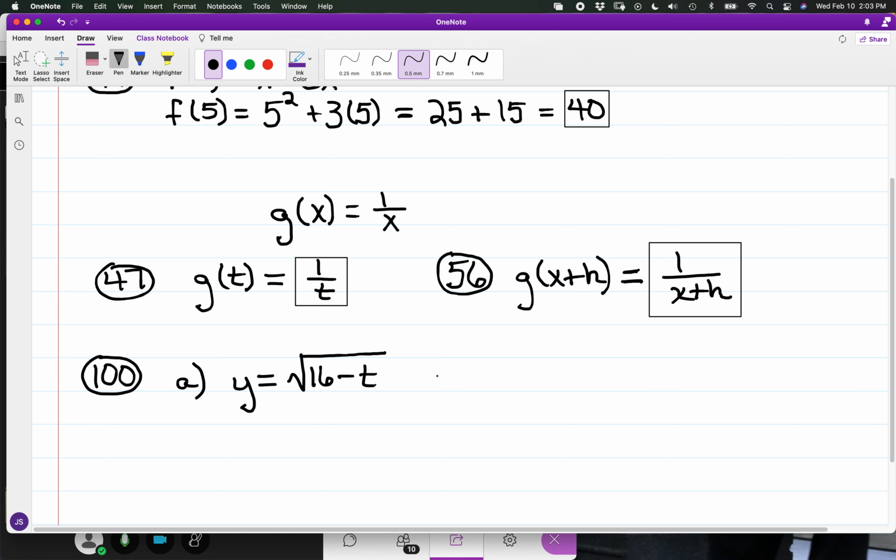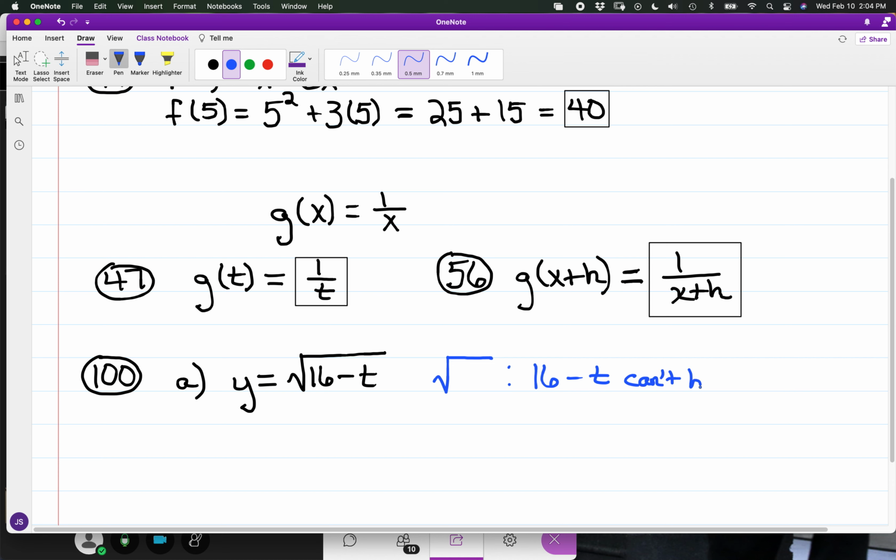In the setup, we have an even root function, and in the real number system, we cannot have an even root of expressions that are negative. Because we have a square root, 16 minus t cannot be negative.